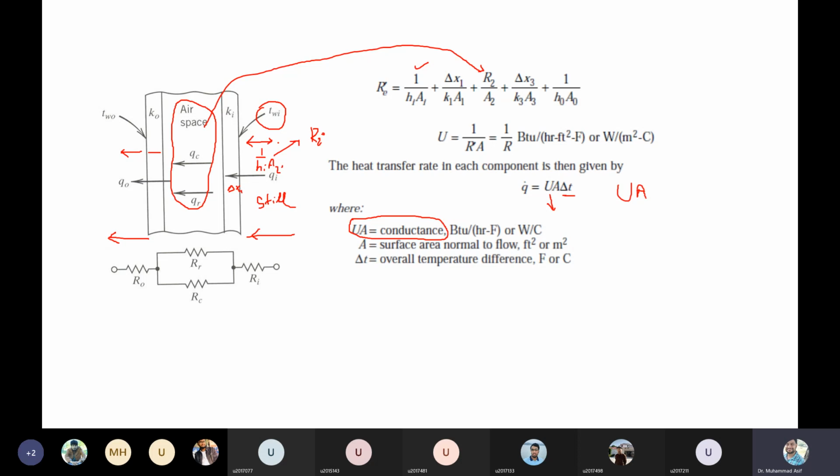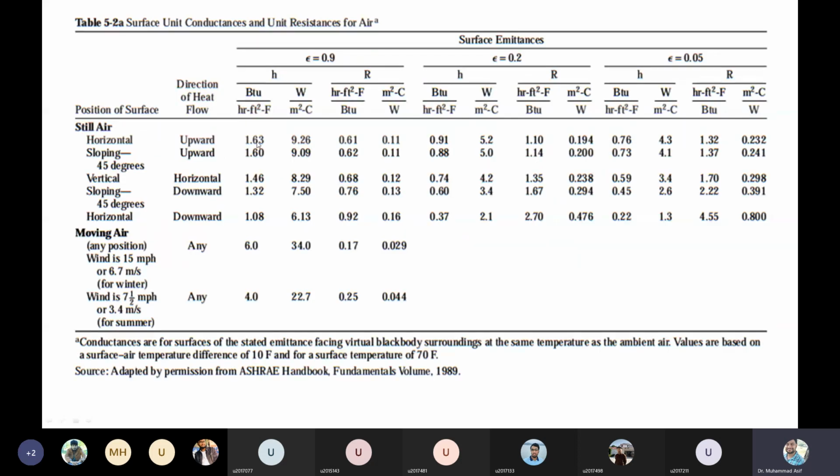If you know the velocity of the air inside the room, you can directly calculate the value of the resistance, the value of R. Even the value of h can be calculated if you know the area Ai and hi, but you can also directly use the value of R. Similarly, you can directly use the value of R for different velocities of the air.